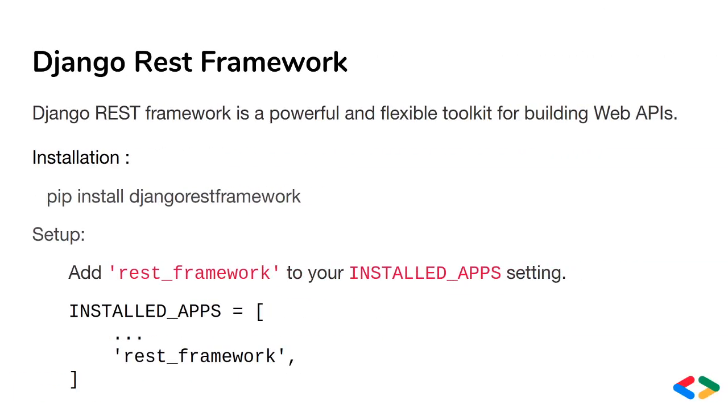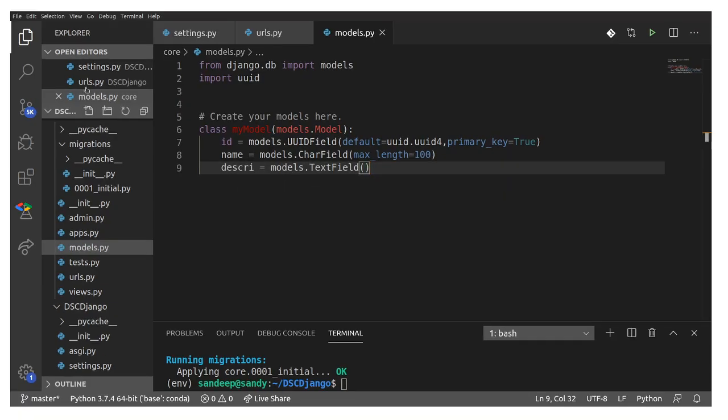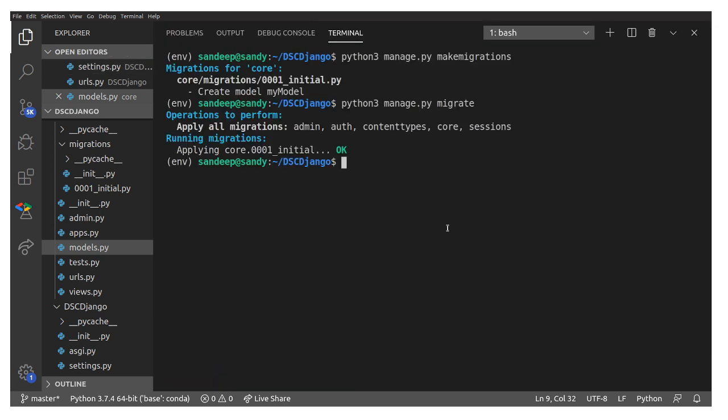Django REST framework. Django REST framework is a powerful and flexible tool to build APIs. Okay, so how do we install or configure Django REST framework for a project? So I'm just gonna go to VS Code terminal.